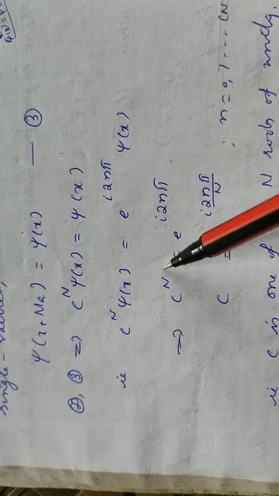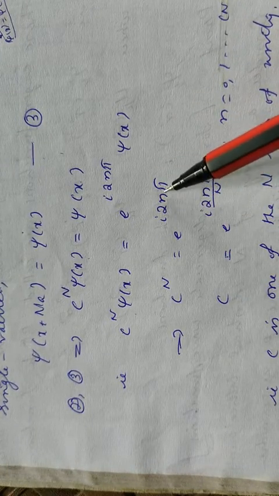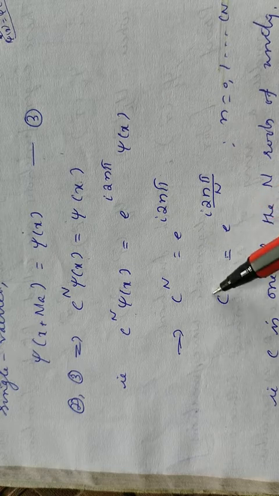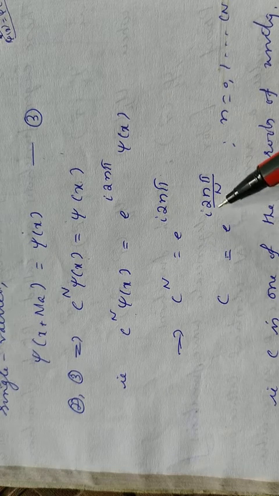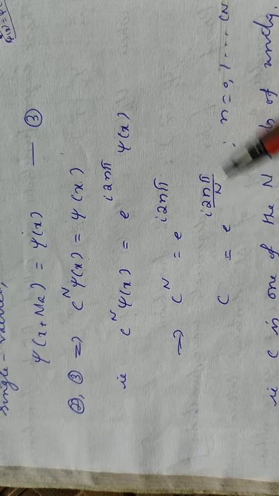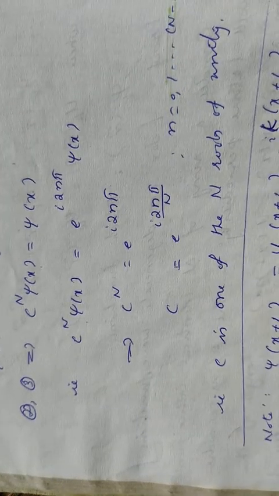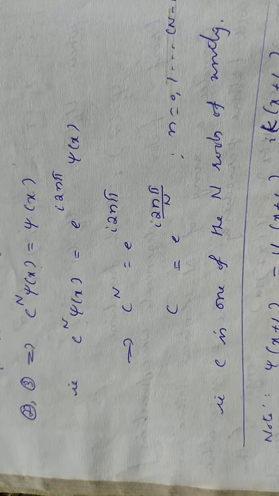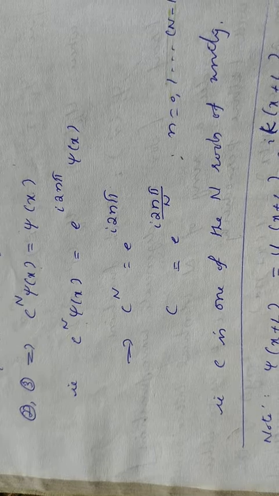So C to the power N is e to the power i 2n pi. C is equal to e to the power i 2n pi by N, where C is one of the N roots of unity.